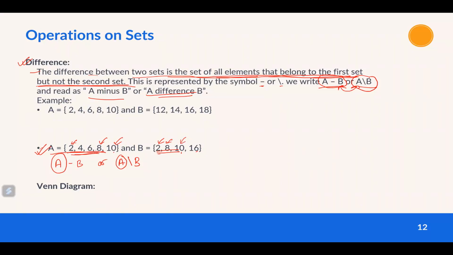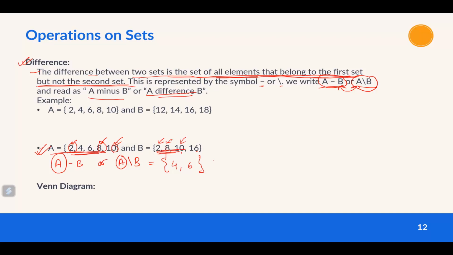So these elements 2, 8 and 10 will not be there in the set A difference B or A minus B. So we'll write the elements of A which are not in B. So it will contain 4 and 6, right? 4 and 6. We will not write the elements 2, 8 and 10 because they are there in the set B.